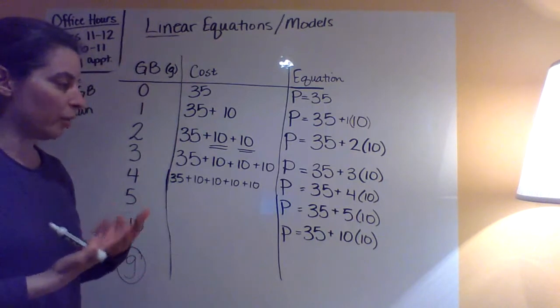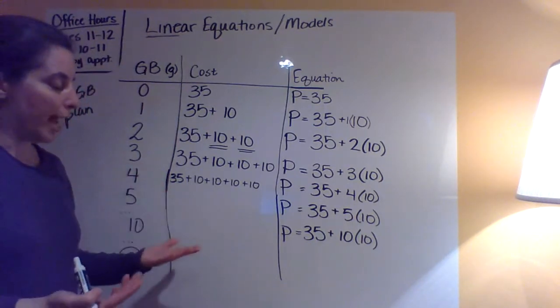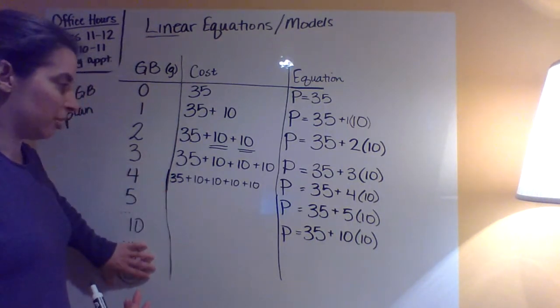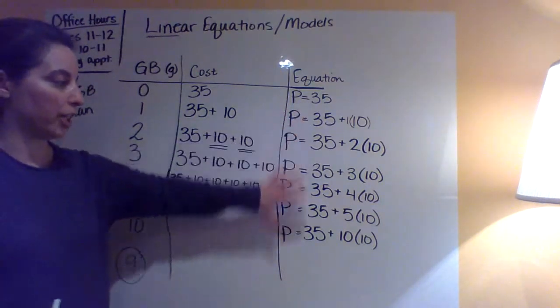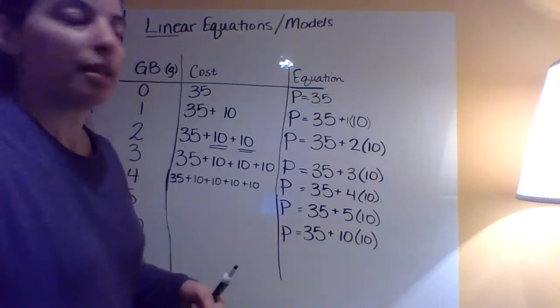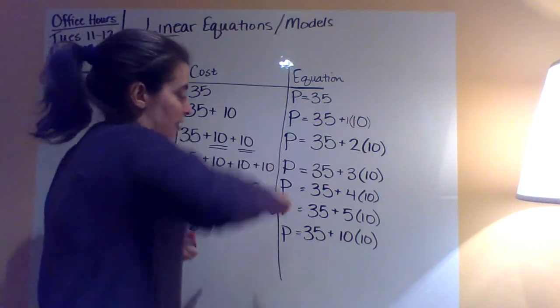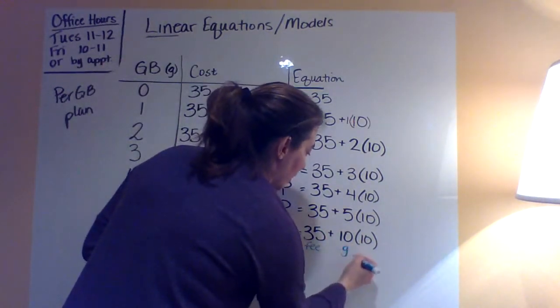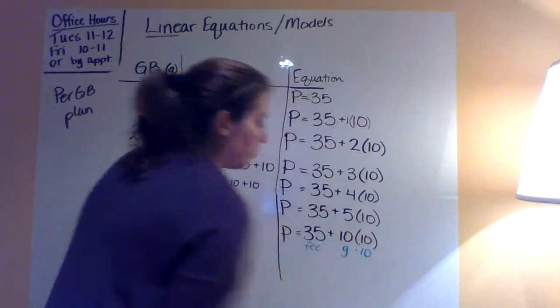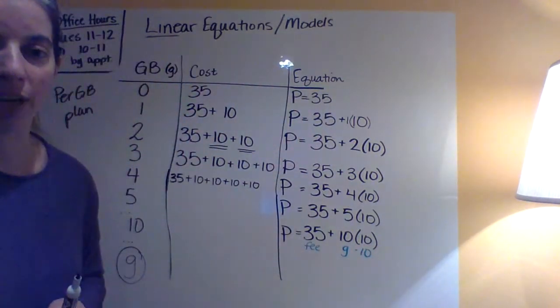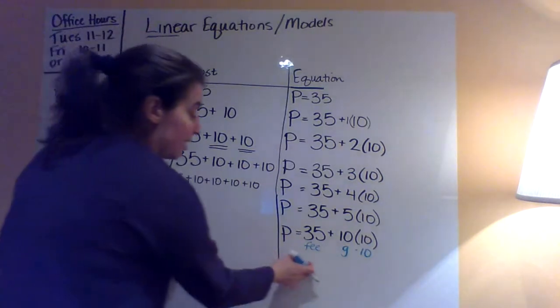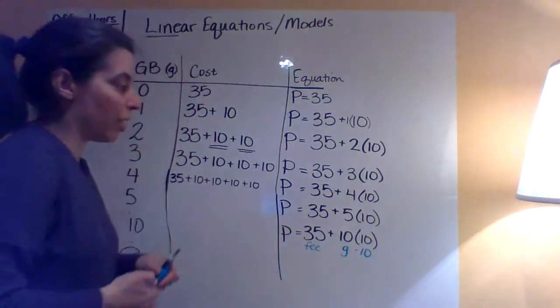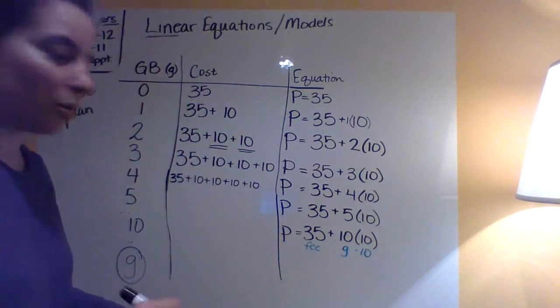So I want to say, okay, what in general, what happens if I have some unknown number of gigabytes? Well, think about the pattern here. In every case, this is my monthly fee. This is how many gigabytes, and each gigabyte costs $10, right? So I can still use that same pattern whether I know the number of gigabytes or not.